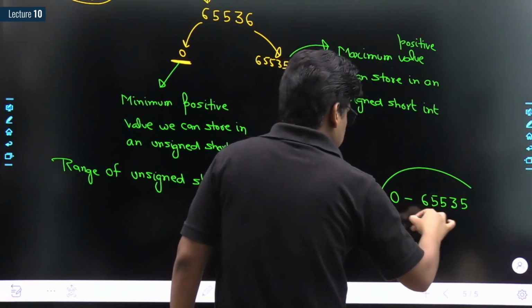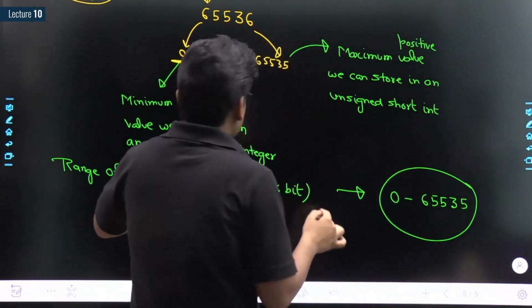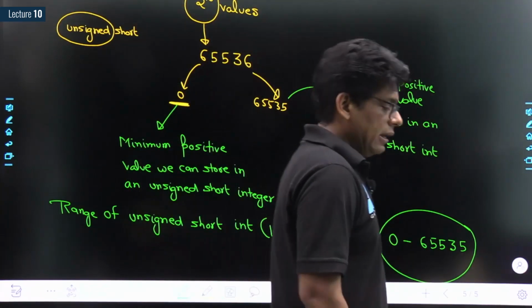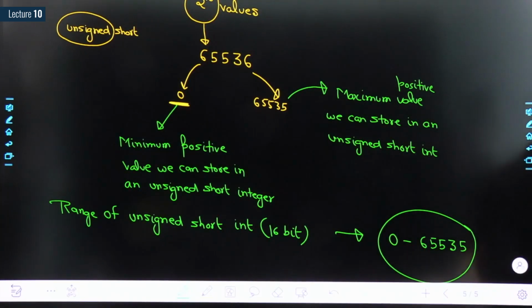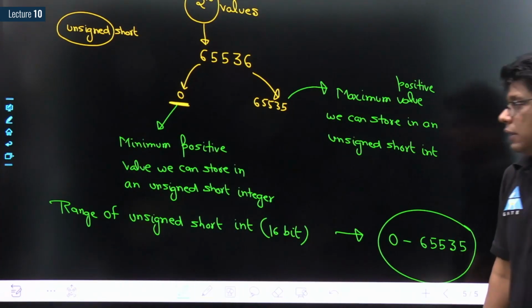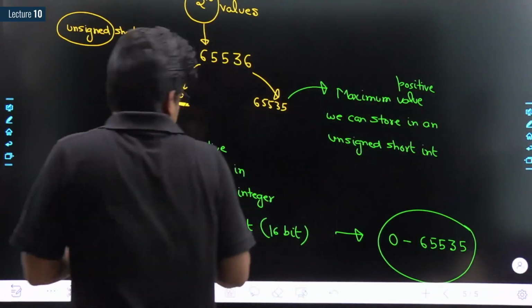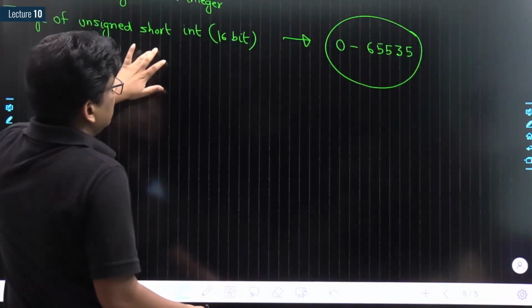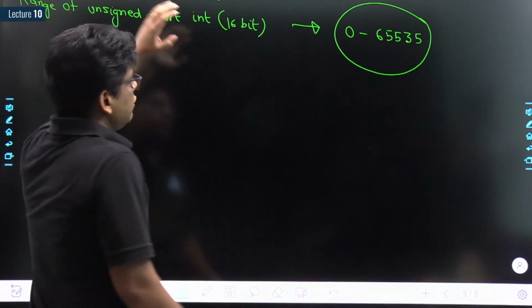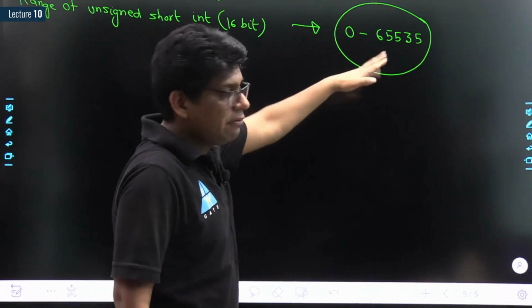Please try to understand this. Sir, let's see how this works in C programming. Sir, we have a range of 0 till 65535.